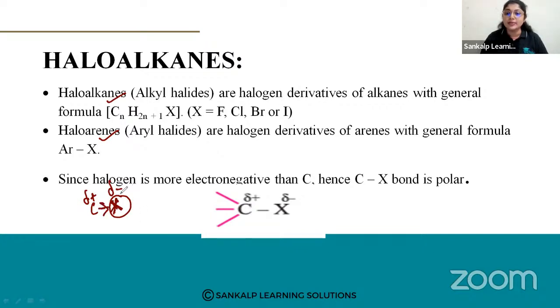As a result, there will be a partial negative charge on the halogen atom and a partial positive charge on the carbon atom. So carbon develops a partial positive charge and halogen a partial negative charge. Thus, this C-X bond is a polar bond. This is the nature of the C-X bond.